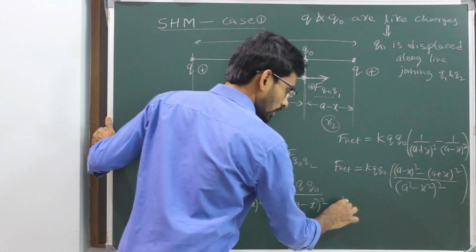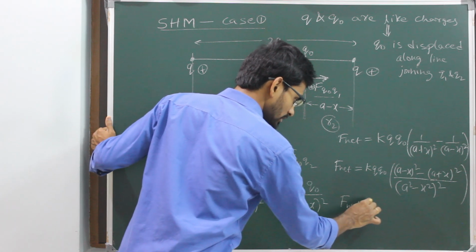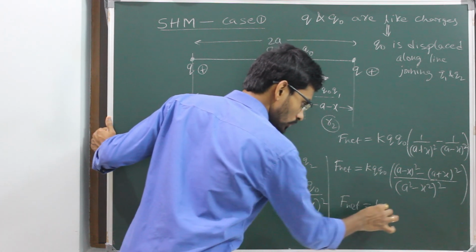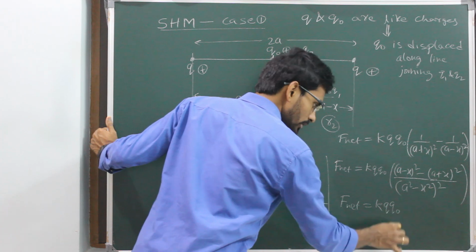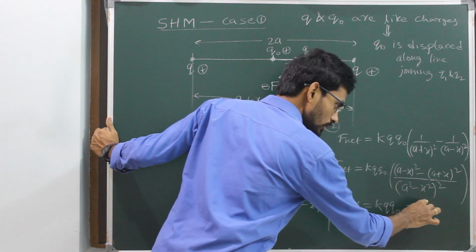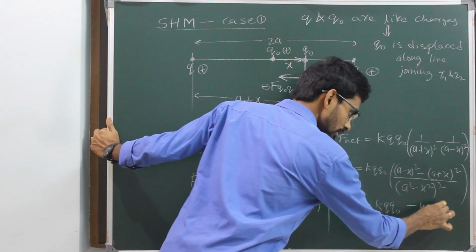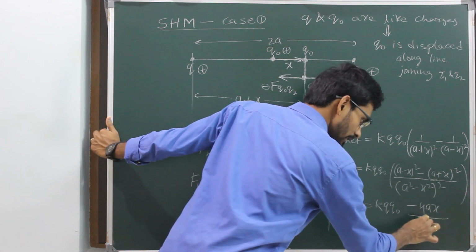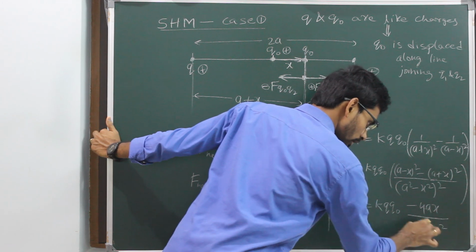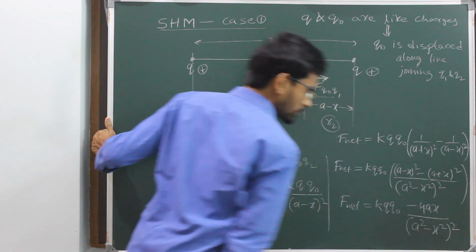So you'll get F net as K into Q naught into minus 4AX by A square minus X square whole square. So this is the force.